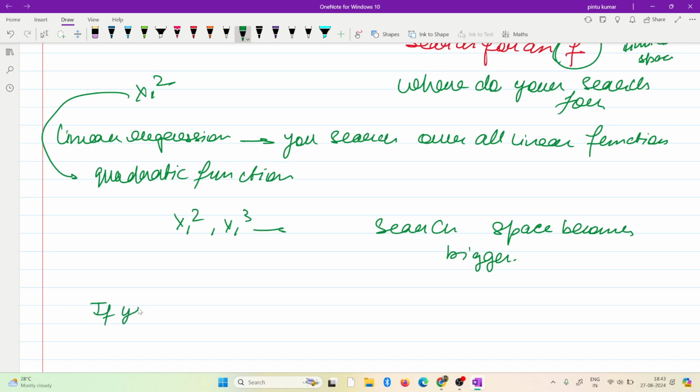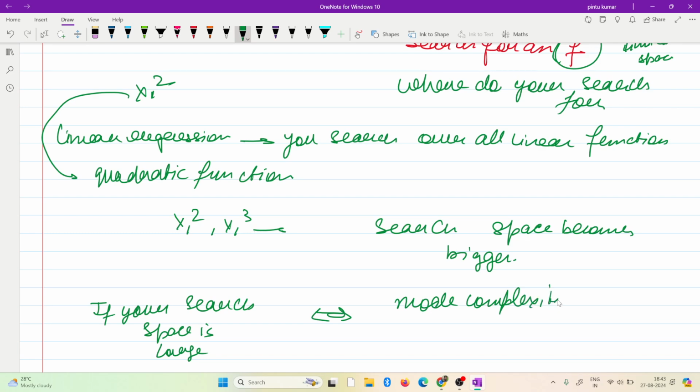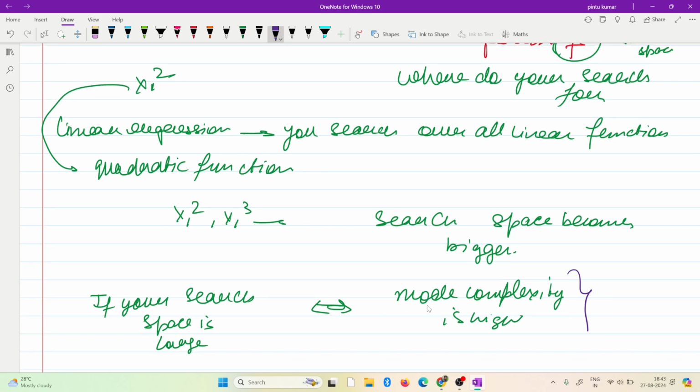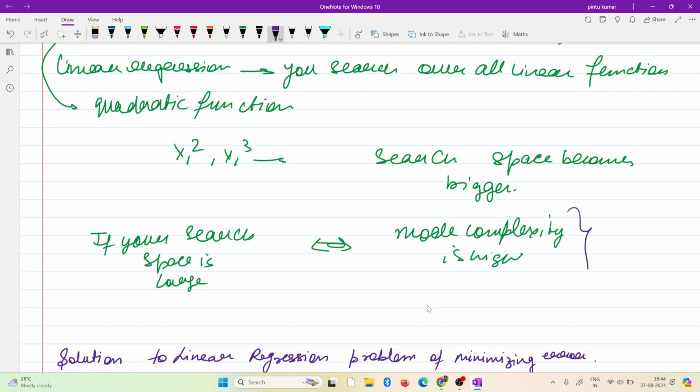If your search space is large, this would imply that your model complexity is high. And vice versa. If your model complexity is high, your search space is large. And also the contrapositive is true. If your search space is small, your model complexity is low. And if your model complexity is very high, this can lead to overfitting.